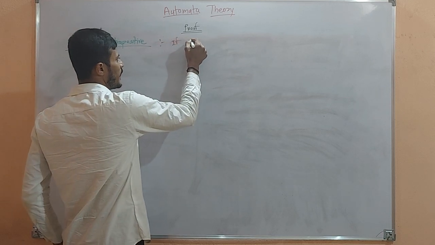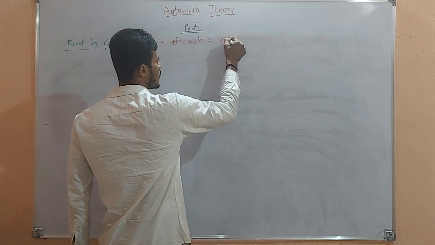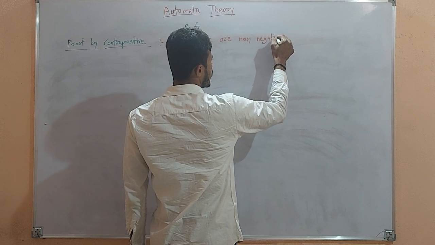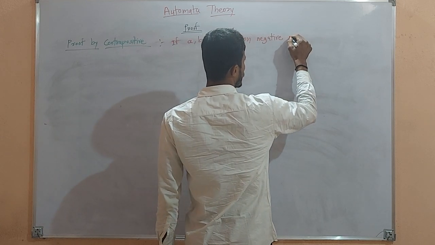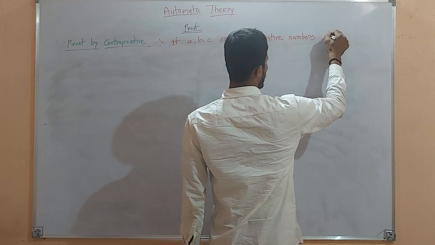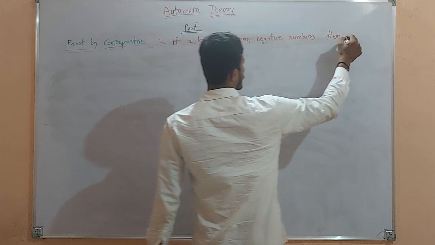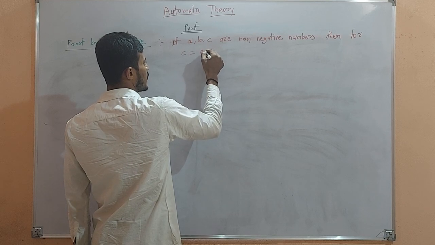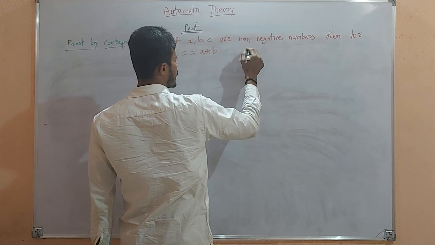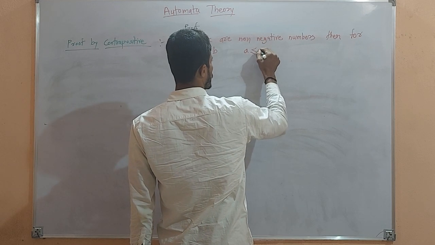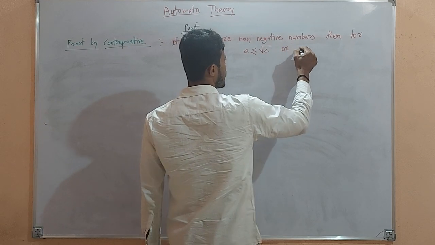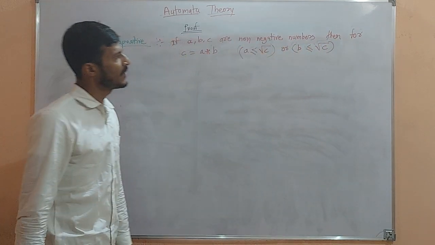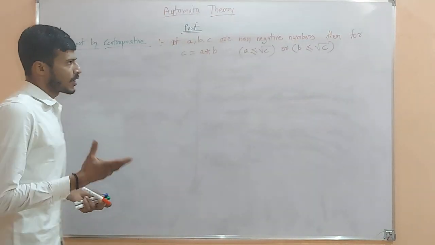If A, B, C are non-negative numbers, then for C equals A multiplied by B, A is less than or equal to root of C, or B is less than or equal to root C. That we have to prove by using the contrapositive property.